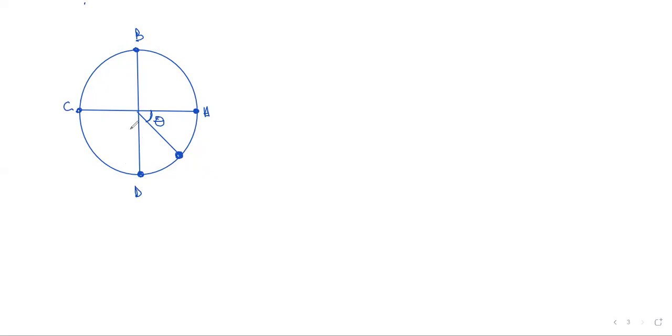What will happen? If the object is at this point, its weight will act here. The weight will always follow the line of gravity. So mg of the object.